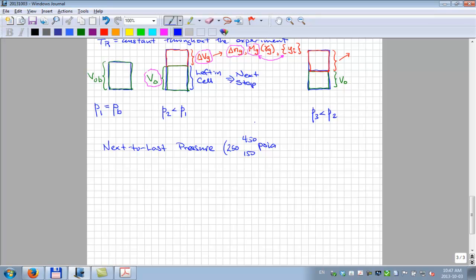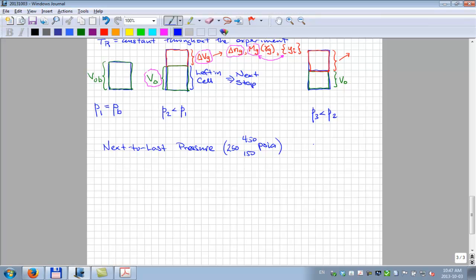Whatever that is in bar, 10, 15, 20 bar. The problem there is that for every pressure drop amount, 20, 30 bar, whatever it is, you keep getting about the same amount of gas out of solution, about the same moles.